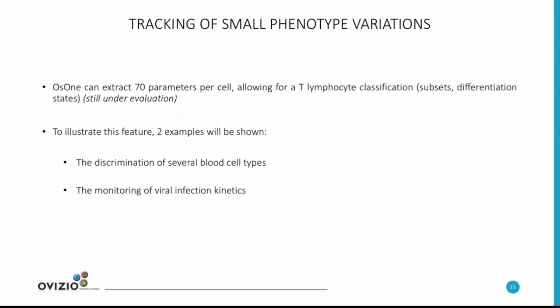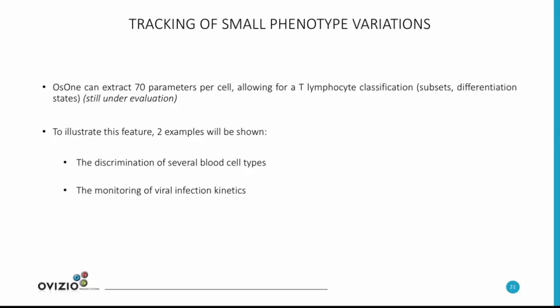What was the next challenge? Of course, we are using 70 parameters. So the question we had was, with those 70 parameters on a single cell level, can we see more than just the viability and the cell count? Is there more information behind those 70 parameters that might be interesting for the field?